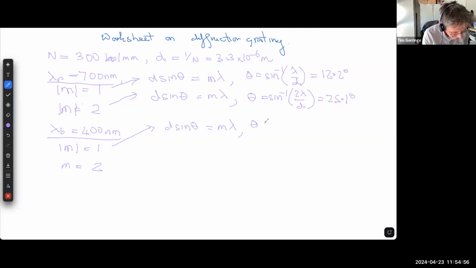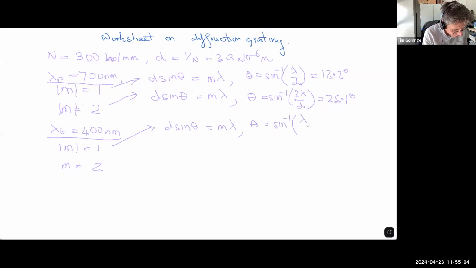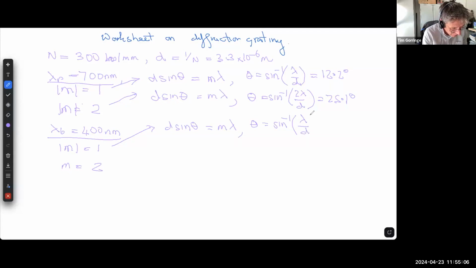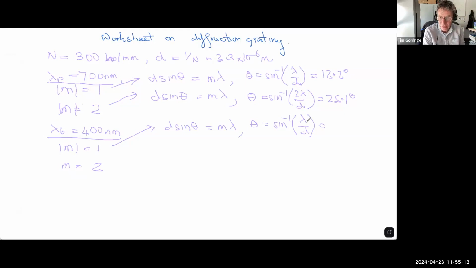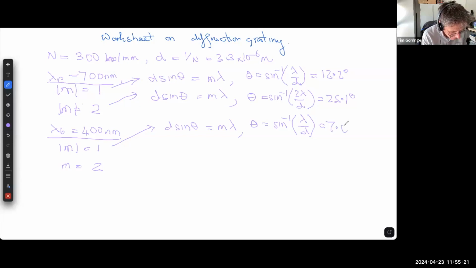And if I rearrange it again, the angle theta is going to be the inverse sine of lambda, now it's the blue light lambda, divided by the slit separation. The lambda is now smaller for the blue light. It's 400 nanometers rather than 700 nanometers. So the angle is going to be smaller, and the angle I got was 7.0 degrees.